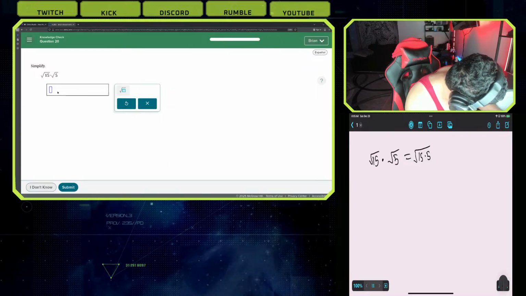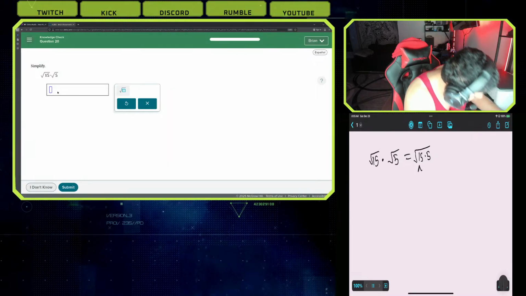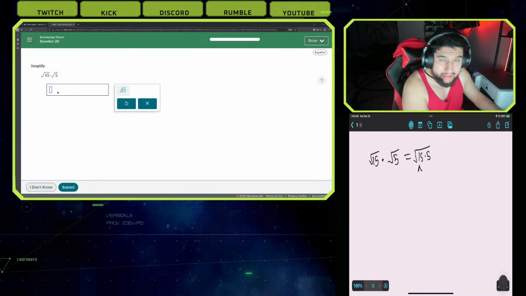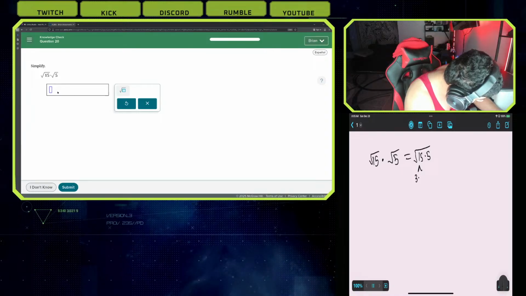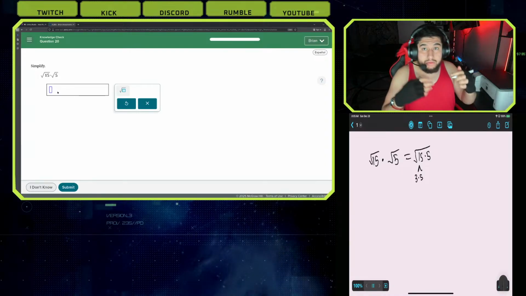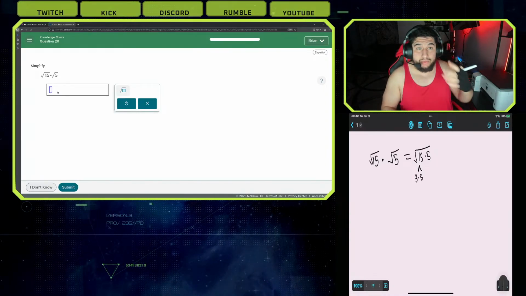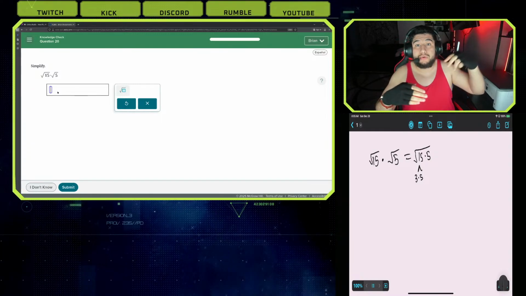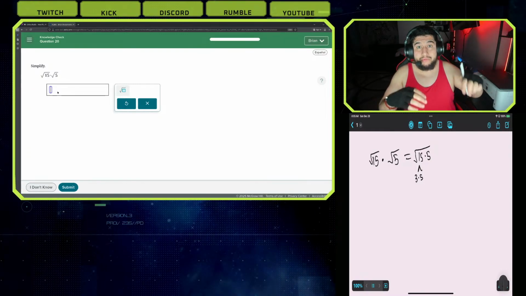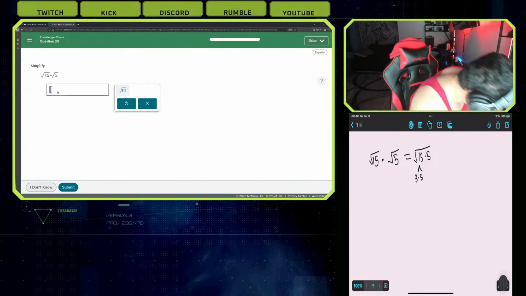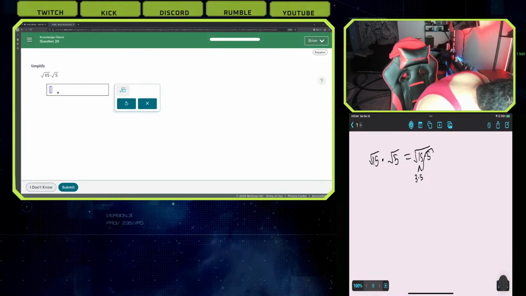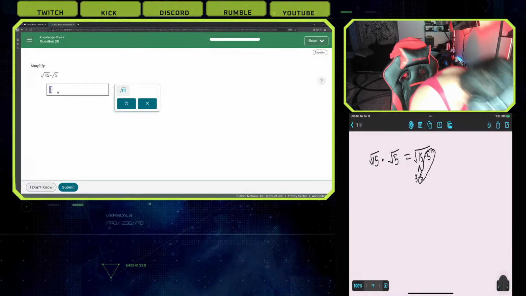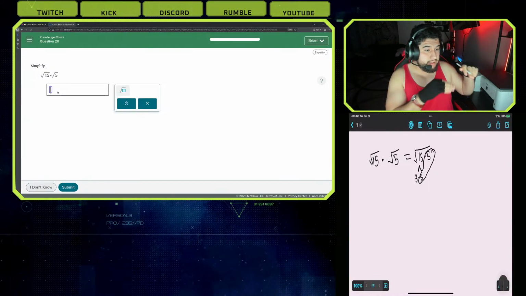If you break down 15, that could equal 3 times 5. So 3 times 5. Now, do you see 2 of the same digit within that square root? That means you could remove that digit from the square root. So there is a 5 here and a 5 down here. So there's one 5 inside the square root.